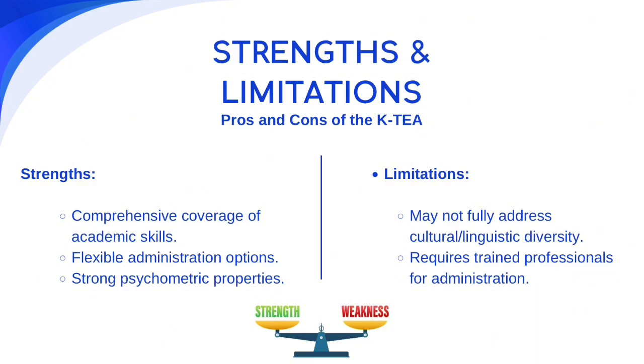However, it has some limitations like potential challenges in addressing cultural or linguistic diversity and the need for trained professionals to administer and interpret the test accurately. But despite those limitations, the KTEA remains a valuable tool for academic assessment.